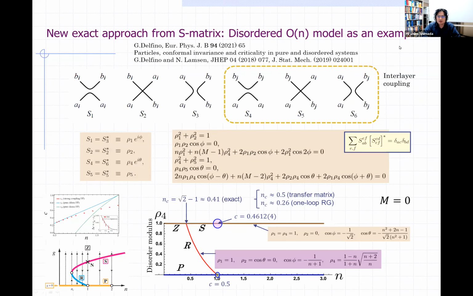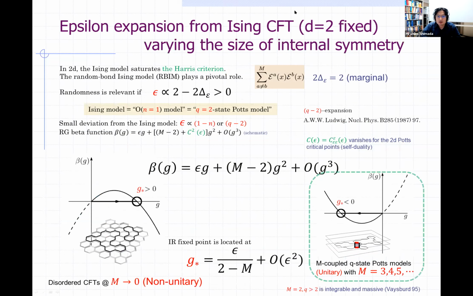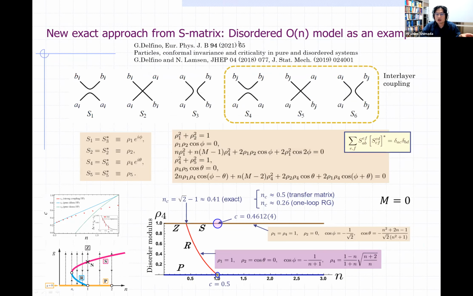Now, this is quite a new paper by Delfino and Jacobsen and so on. Actually, the S-matrix, excuse me. So how can we? Recently, some interesting development happened in the cross-disorder O(N) model.